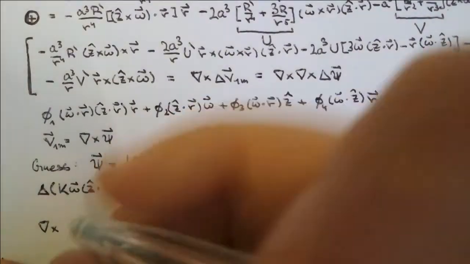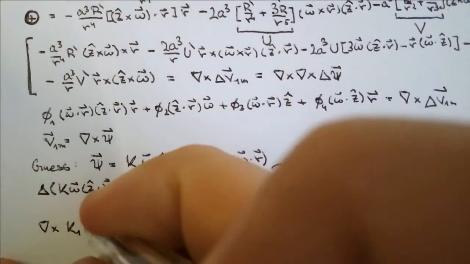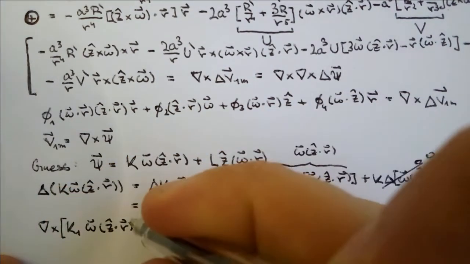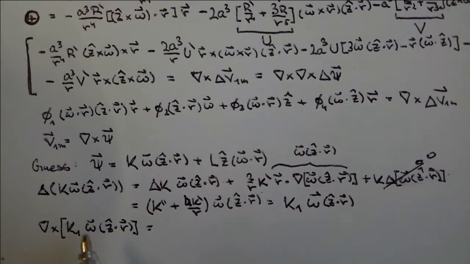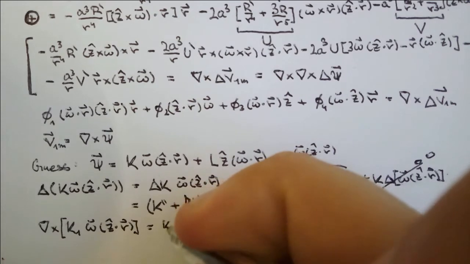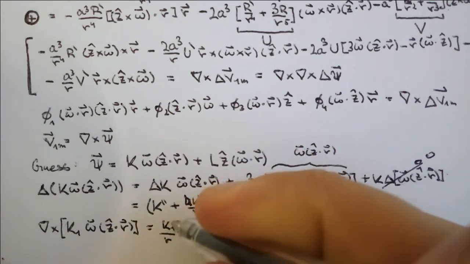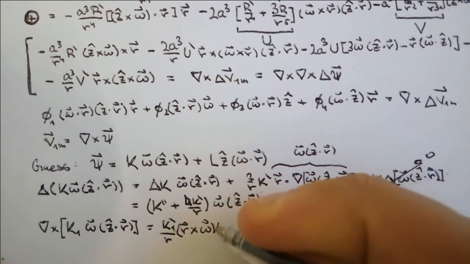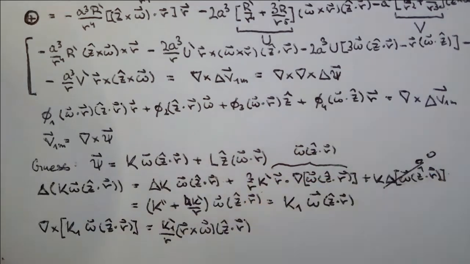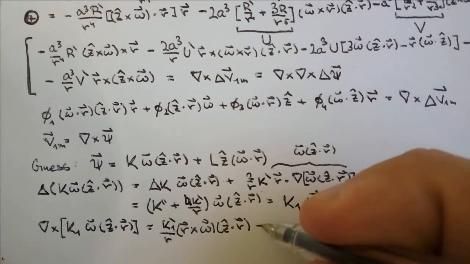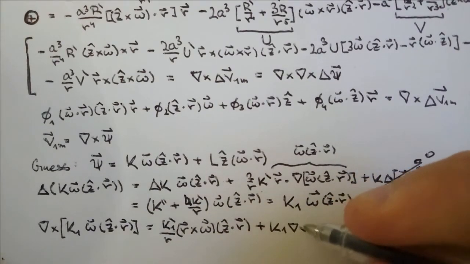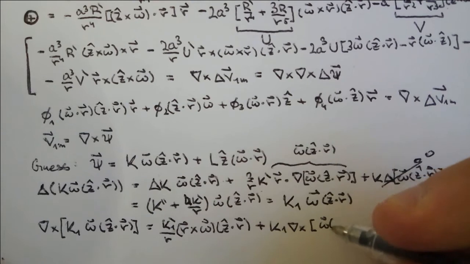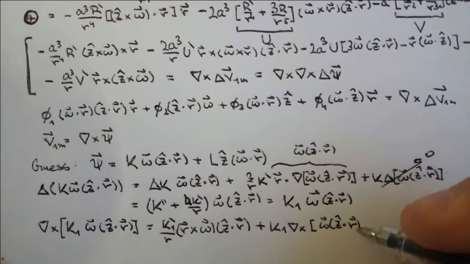If you take the first curl of this, it's k1, just some function of r, and there is z hat dot r, and this is going to be, if you take, k over r prime, and there is r curl of omega times z hat dot r position vector plus k1 curl of the second part, which is omega z dot r.